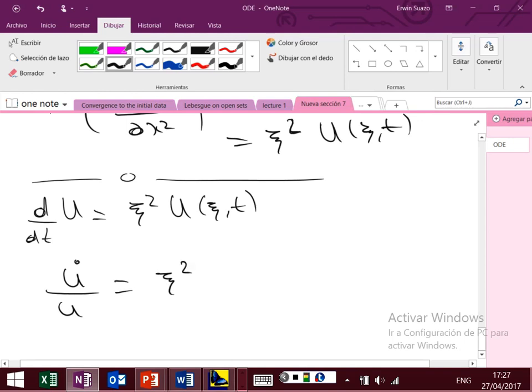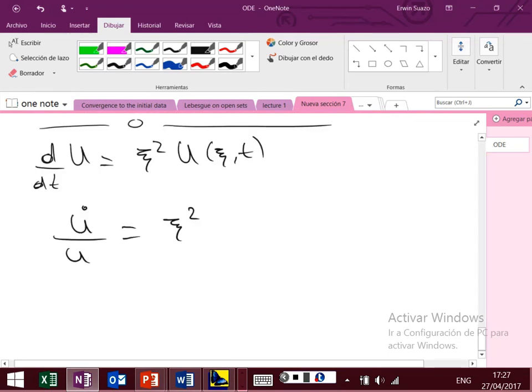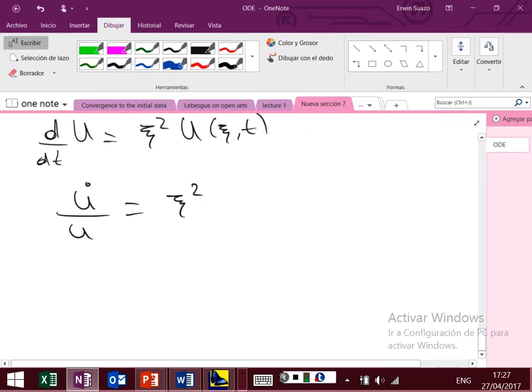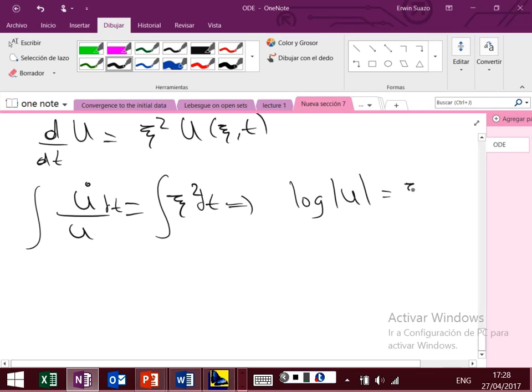And then what do we do? We take the logarithm, or rather, sorry, you integrate, and in this case with respect to time. So when you integrate with respect to time, you get log of the absolute value of u equals minus theta squared t plus a constant.